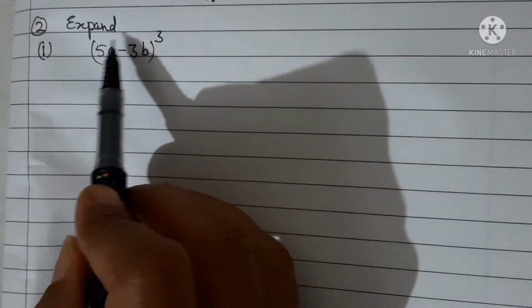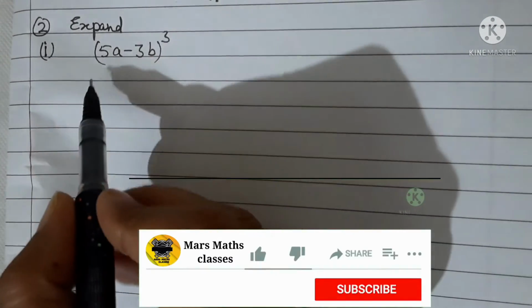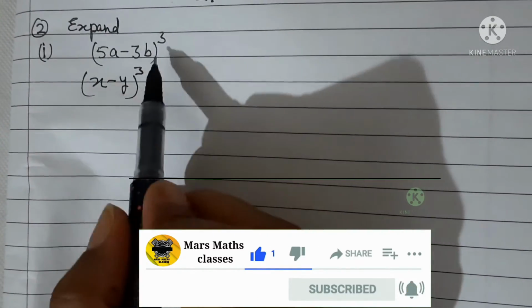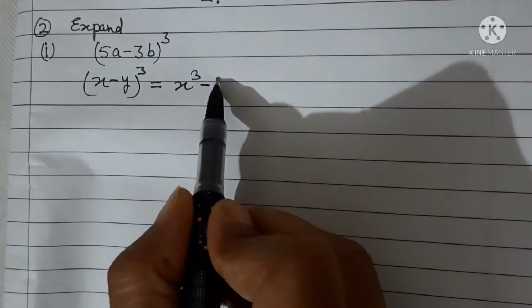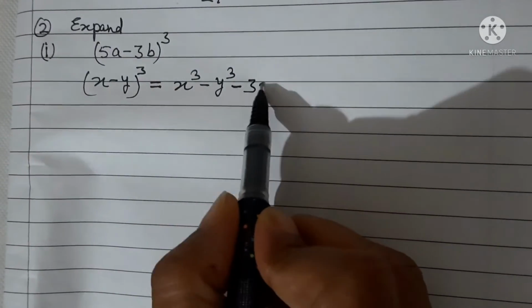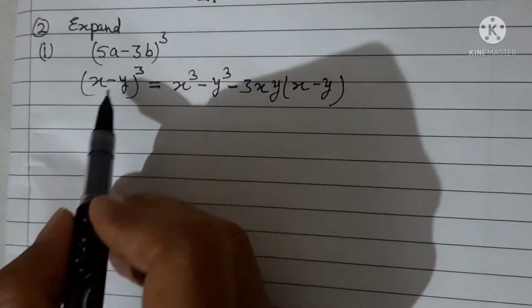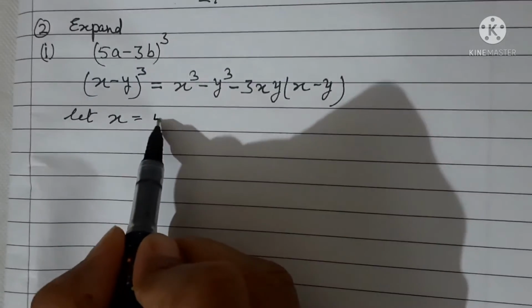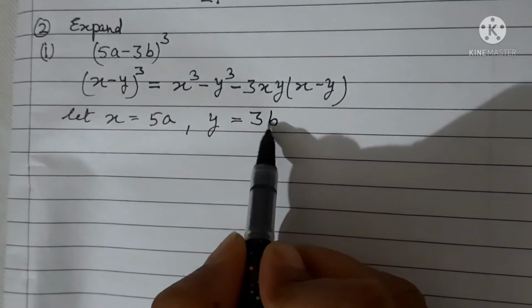Now question number 2, expand the first part, 5a minus 3b whole cube. This is x minus y whole cube in the form of, so you can write it x cube minus y cube minus 3xy times x minus y. So substitute the value, let x is equal to 5a, and y is equal to 3b.